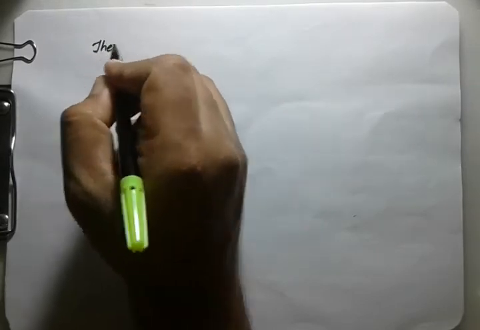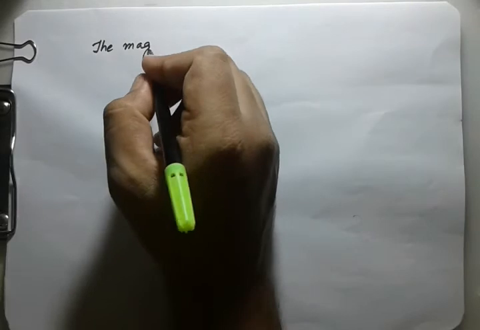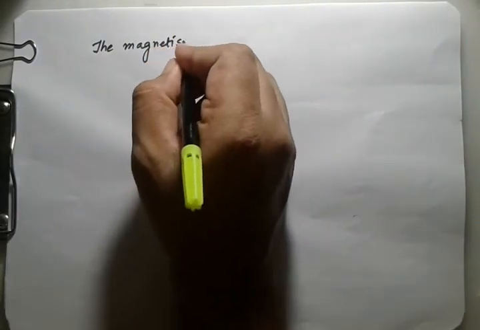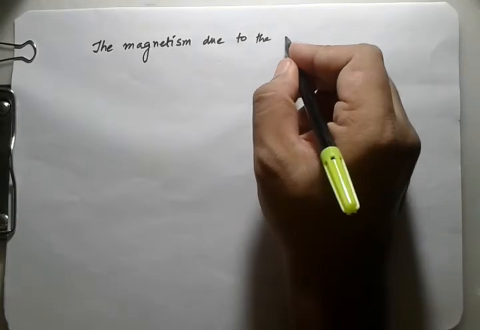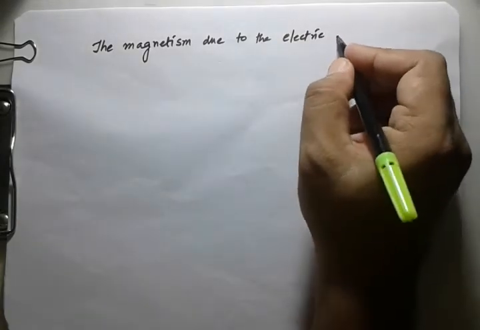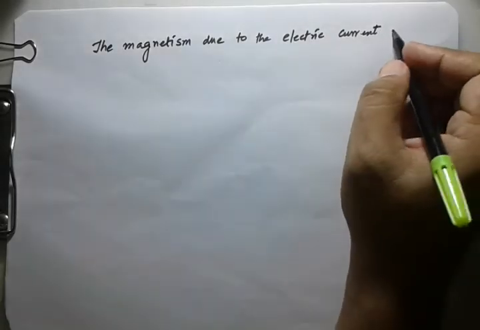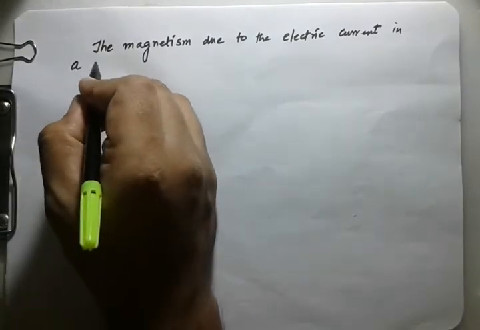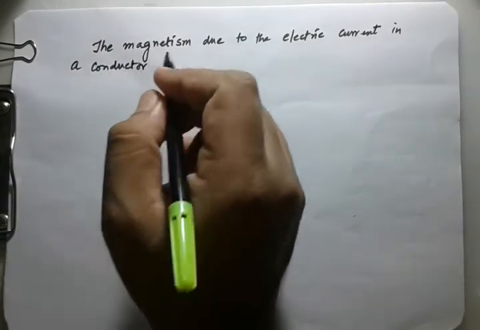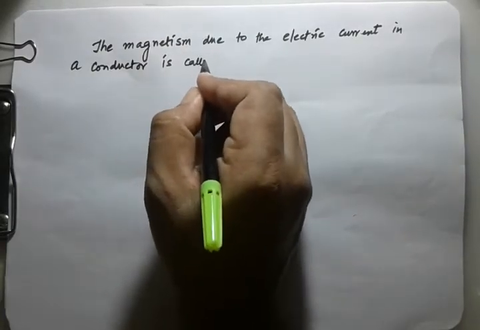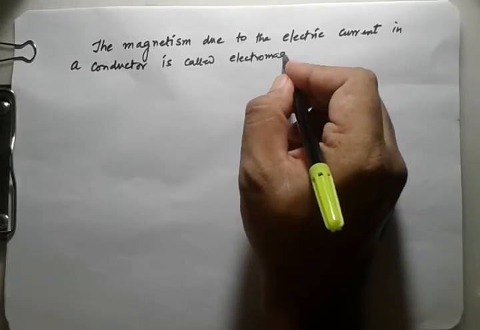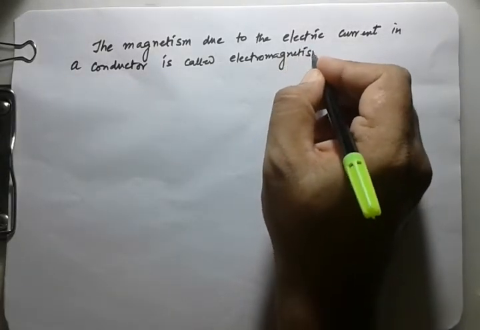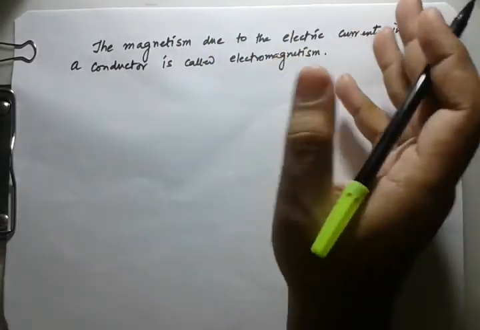The magnetism due to the electric current in a conductor is called electromagnetism. So the relation between electricity and magnetism has been established.